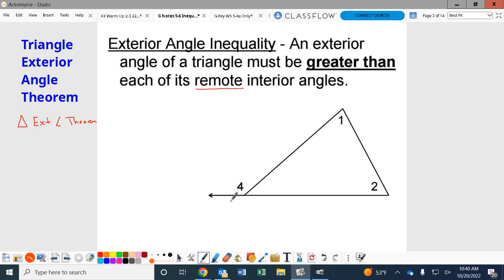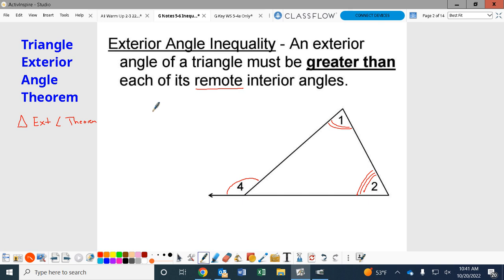So when we talk about an exterior angle like angle 4, the two remote interior angles would be the angles on the opposite side of the triangle that don't touch it. So that would be angle 1 right here and angle 2 down here. This angle on the outside, angle 4, has got to be bigger than angle 1 and angle 2.